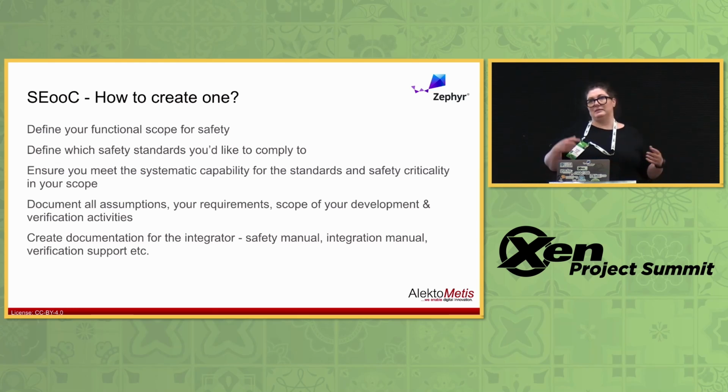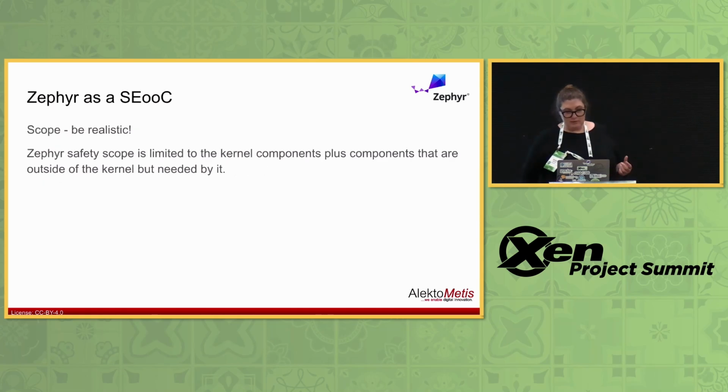How do I test it? How do I integrate my little piece? And how do I provide information to whoever wants to integrate me? And that's more or less it.